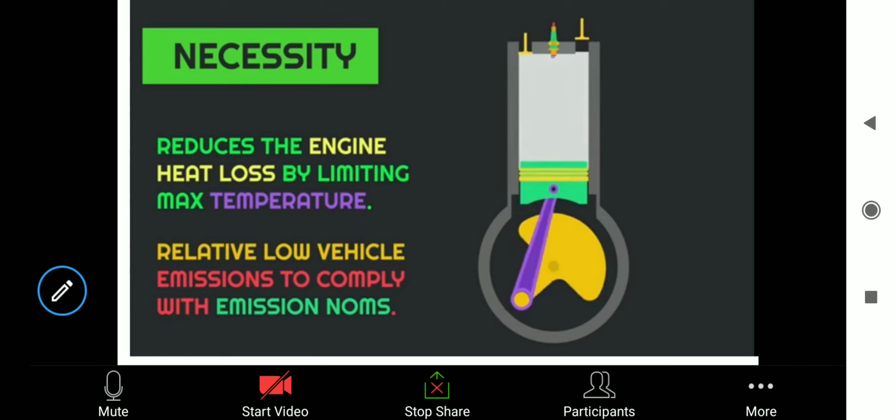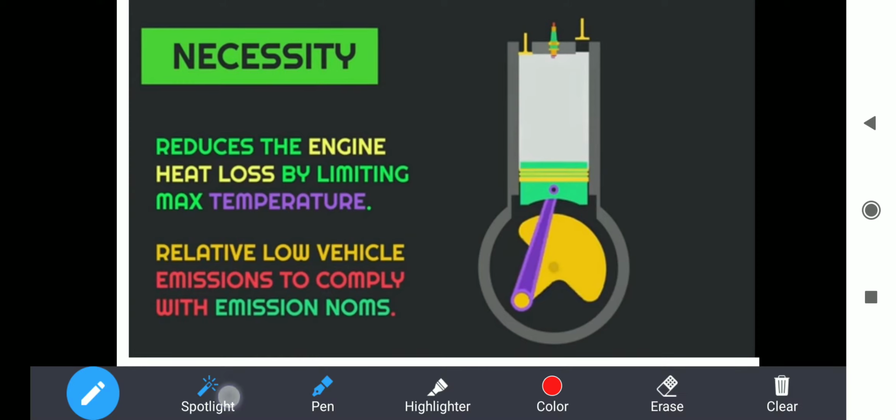In the same way, to reduce the temperature, where there is a fire, if you produce carbon dioxide, the fire burning will stop over there. Is it or not? So the advantage of this carbon dioxide is taken in such a way that this carbon dioxide which is coming out from the engine is used once again. So from this part I will show you. This is the exhaust from where the carbon dioxide is coming.